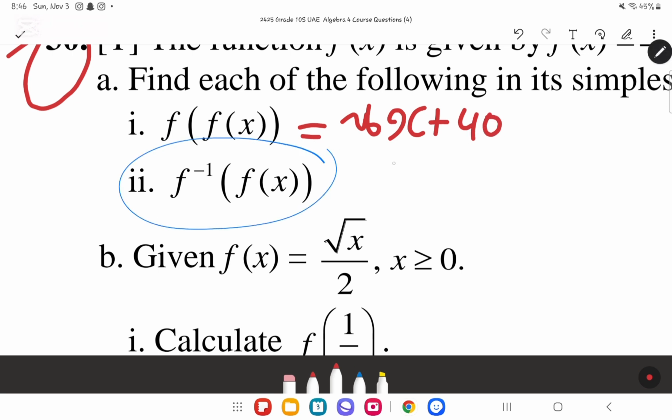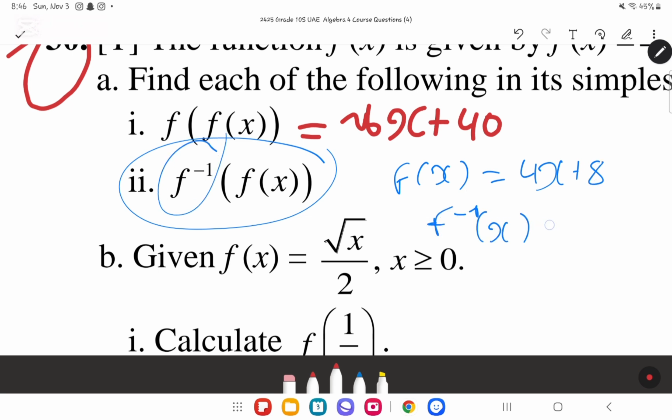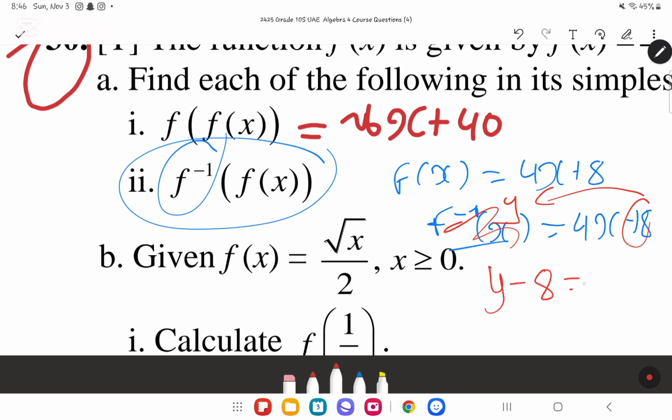Now part 2 is really important. Okay, we know f of x is equal to 4x plus 8. So let's find the inverse, because they need the inverse. Replace f of x by y. Y is equal to 4x plus 8. Bring 8 to the other side. So then y minus 8 is equal to 4x.